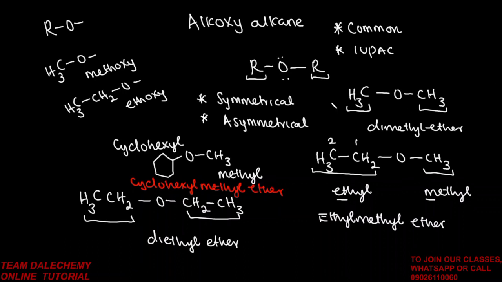Don't forget, I told you they are also called alkoxy alkanes, just like an alkane in which one hydrogen has been substituted with the alkoxy group. And of course, the alkane will always be the alkyl group with the longest carbon chain. For instance, to name this compound over here, CH3CH2CH2, oxygen, and CH3.